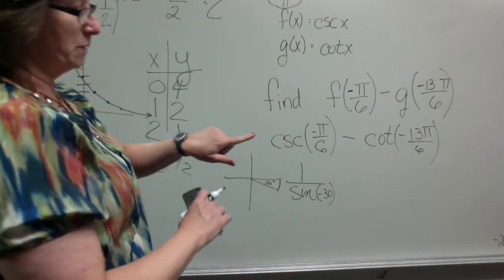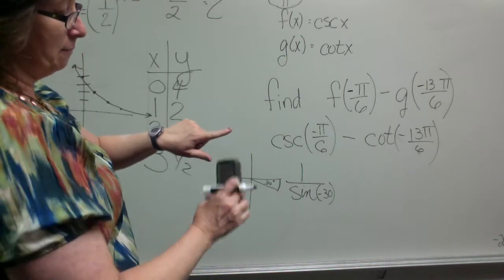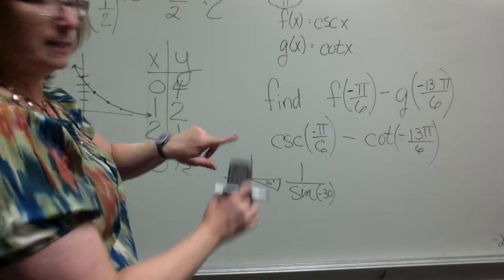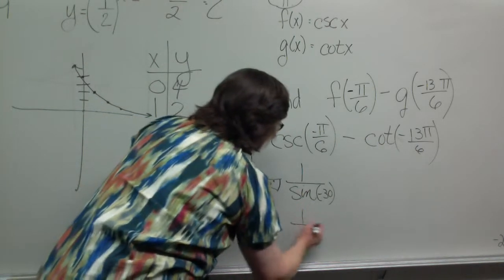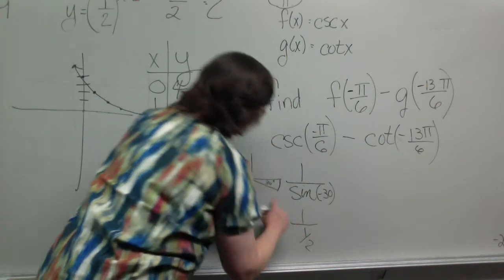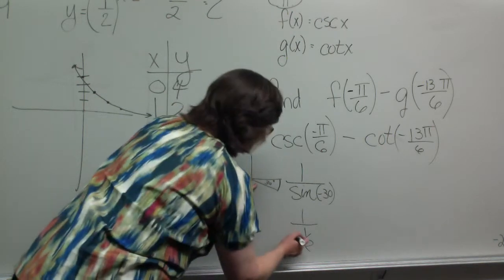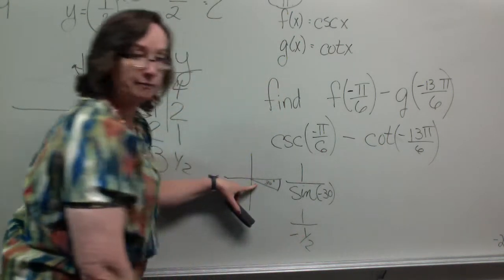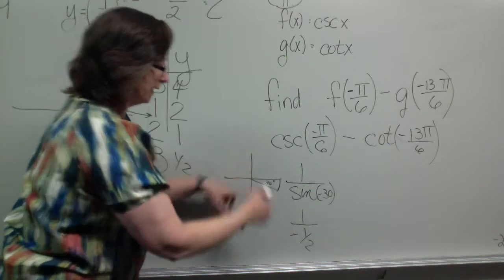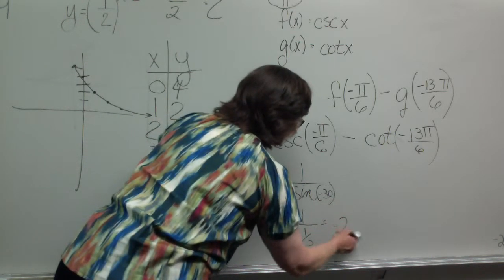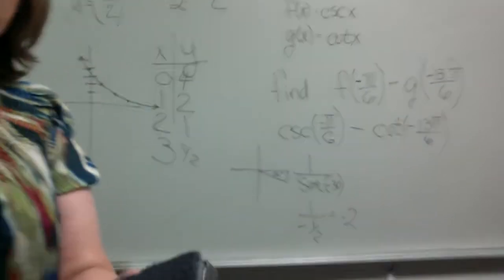Okay, there's my 30 degrees. My sine is going to be a short one, isn't it? So it's going to be 1 over 1/2, and will that be a positive or a negative 1/2 there? It's going to be a negative 1/2, isn't it? So when I evaluate that, it's going to flip up and become a negative 2. Everybody seeing that down there?